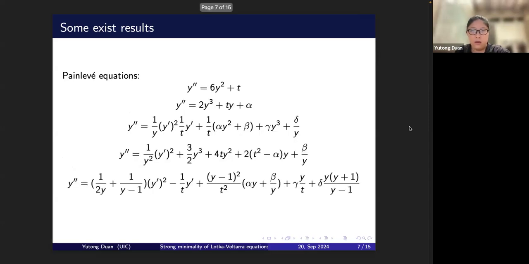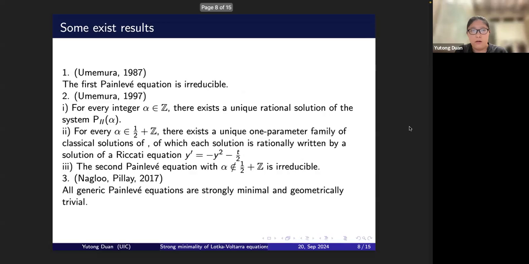If we look back, the second line, which is the second Painlevé equation, has a parameter alpha, so whether it's irreducible depends on the value of alpha.